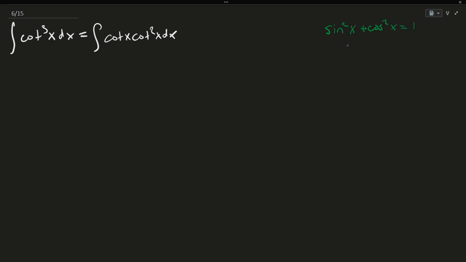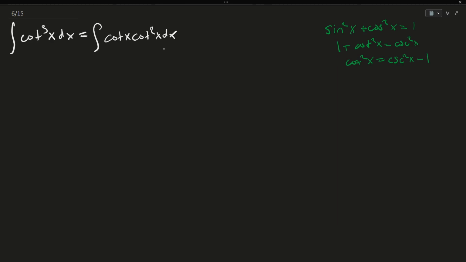Dividing both sides by sine squared of x, we will have sine squared x divided by sine squared x, so 1, plus cosine squared x divided by sine squared x, which is cotangent squared x, equals 1 divided by sine squared x, so cosecant squared of x. So we see here cotangent squared x, so we subtract 1 from both sides. We see cotangent squared x is equal to cosecant squared x minus 1.